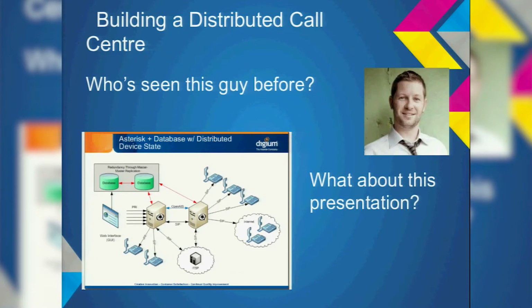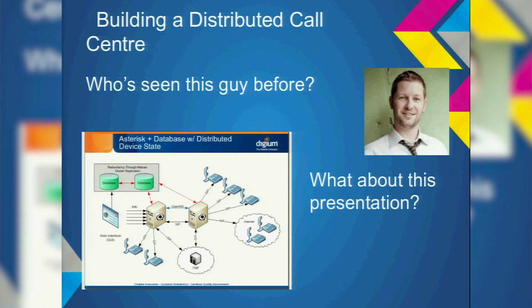So who's seen this guy before on the right? I mean, if you haven't, you're probably in the wrong spot. But he has done this presentation about 4 times, I think, right? 6 times, of distributed call queues and so on and so forth. And more specifically, distributed call state.